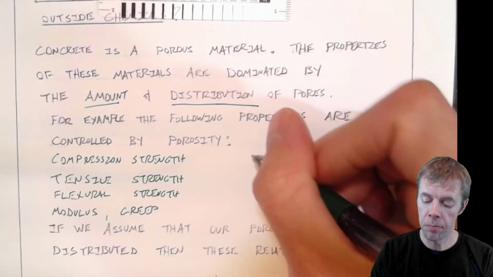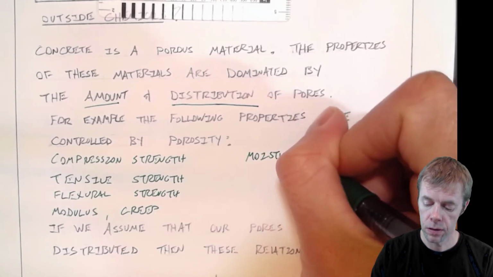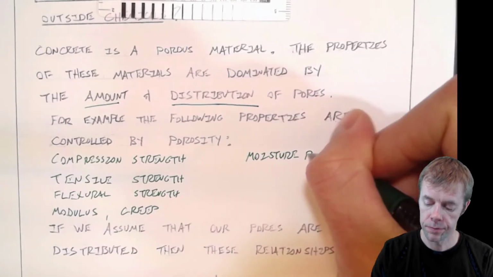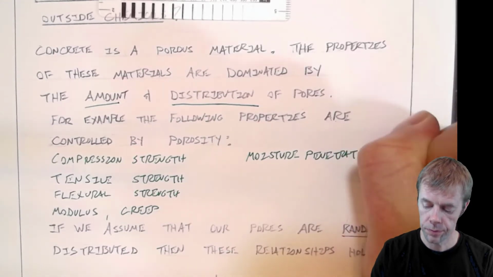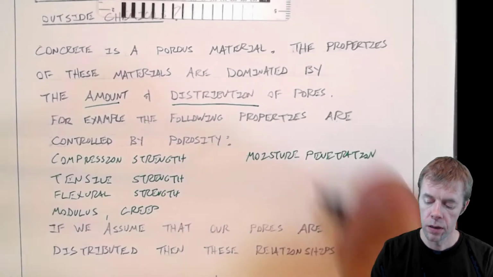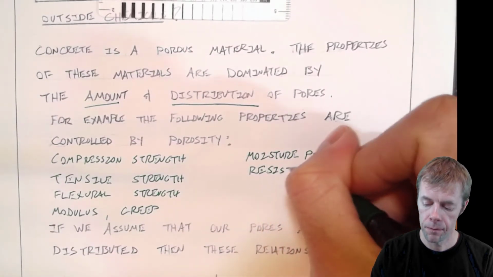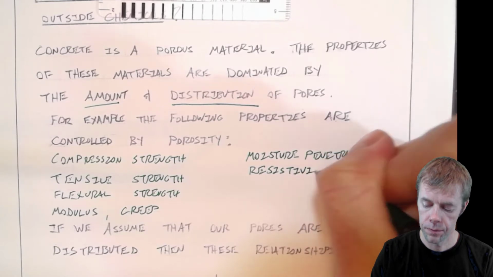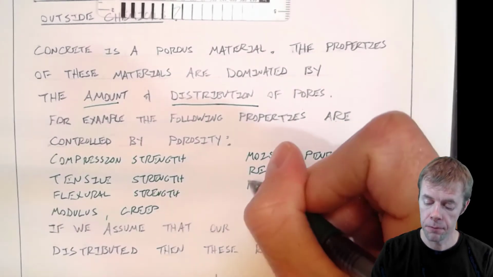Things like moisture penetration. Resistivity. People like to call this permeability.